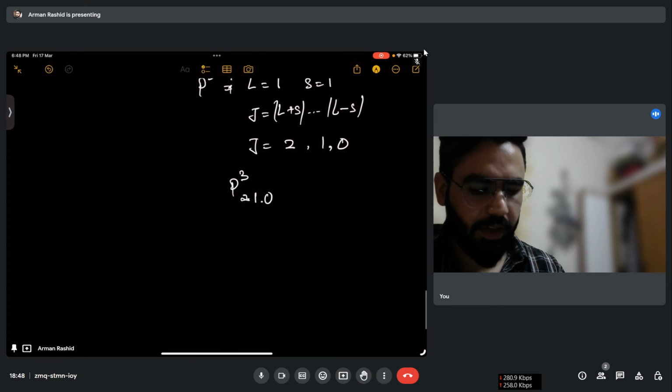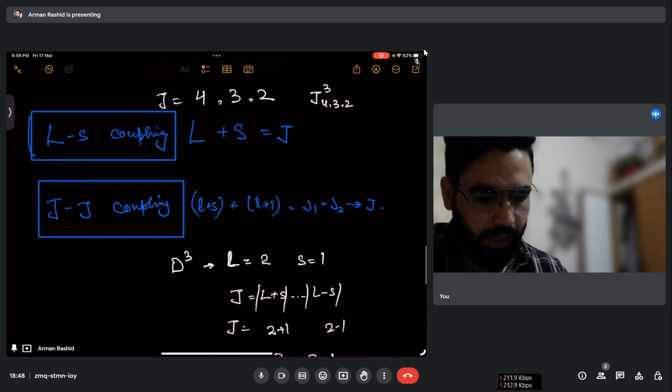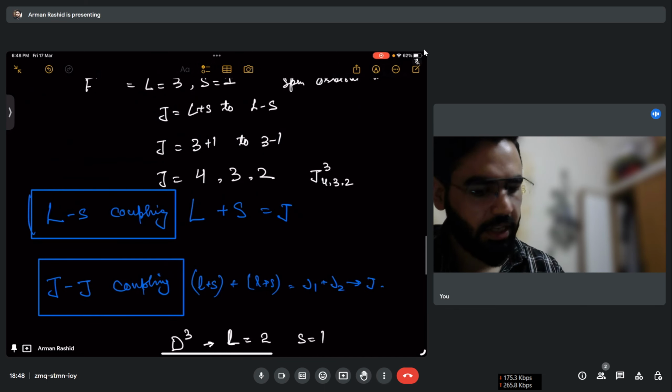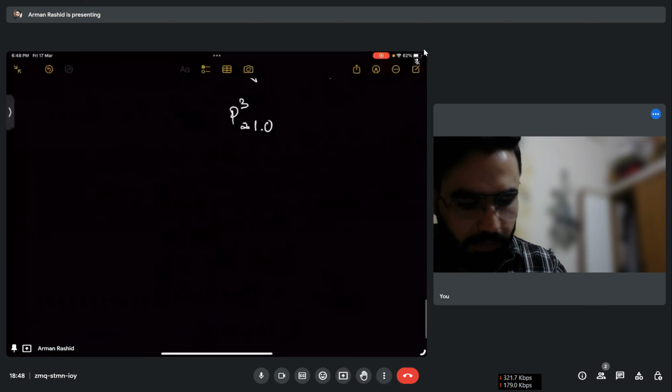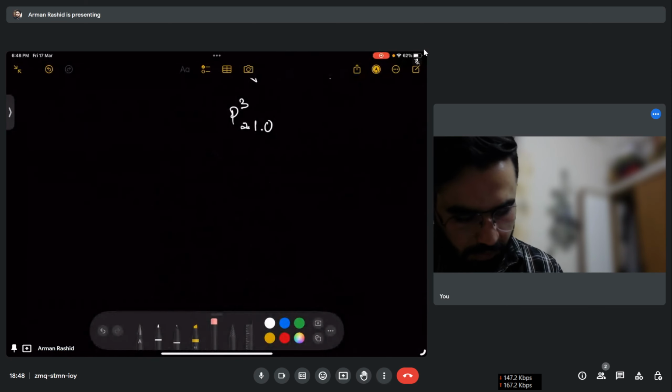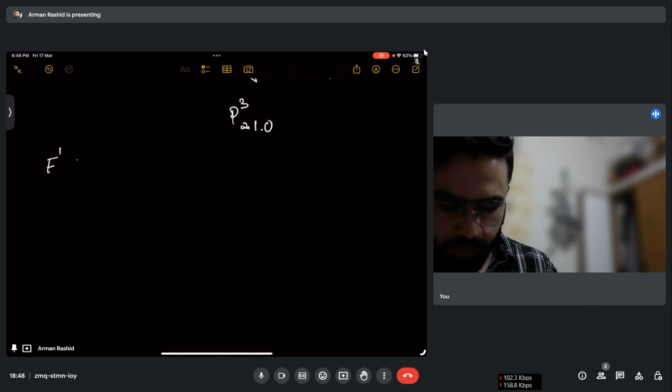Now we have calculated the total states for S, P and D. Now we will calculate for F1, D1 and P1. For F1, what will be the L?